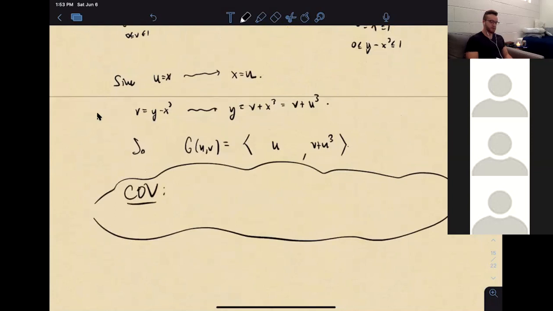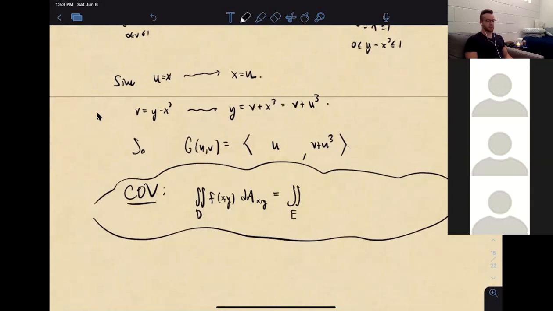This is what we're going to use, and this is what you should know: if you start with a double integral in the XY world, and you change variables, you get the corresponding region in the UV world.